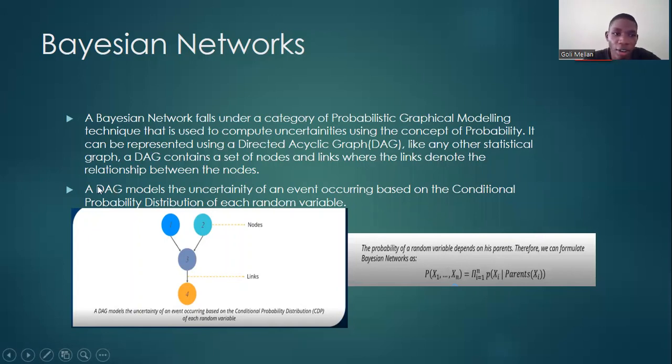This directed acyclic graph models the uncertainty of an event occurring based on the conditional probability distribution of each random variable. That's why we say the probability of a random variable is dependent on its parent. It depends on something else that might have occurred.